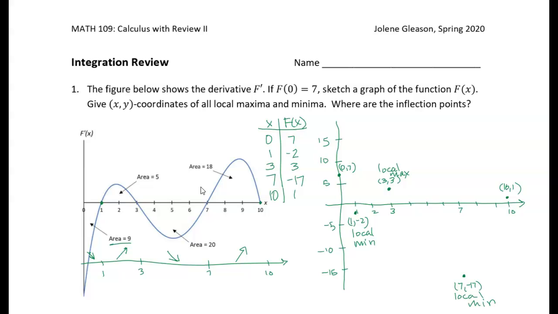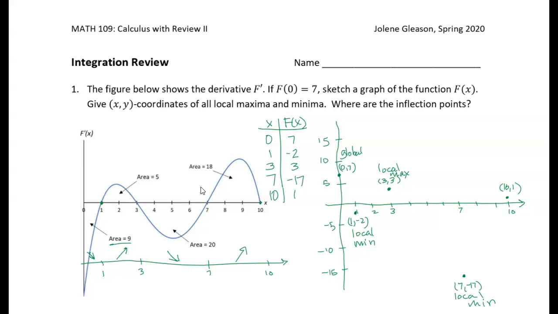Okay. Now, if we were figuring out global maximums and minimums, we'd have to include all the critical points and the endpoints. The endpoints at 0 and at 10, we would include if we were evaluating global maxima and minima. Okay. So, this doesn't ask for global max and mins, but this would be a global maximum, even though it's not a critical point, right?